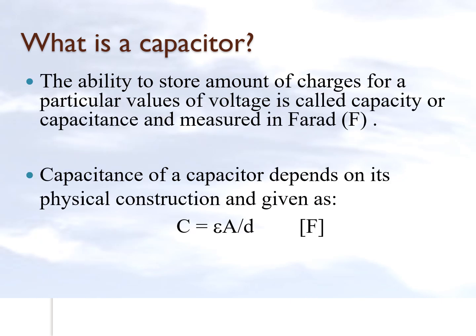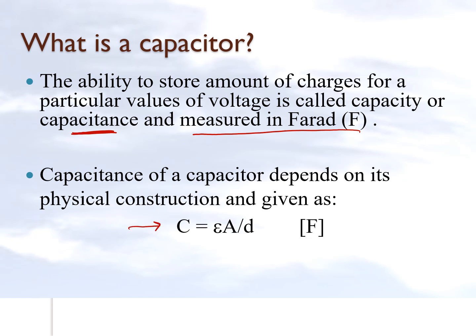The ability of the capacitor to store or save charges is measured in farads, and it is known as the capacitance. So the capacitance is what defines the capacitor's ability to save a charge. The capacitance of a capacitor depends on its physical construction as given by this equation.